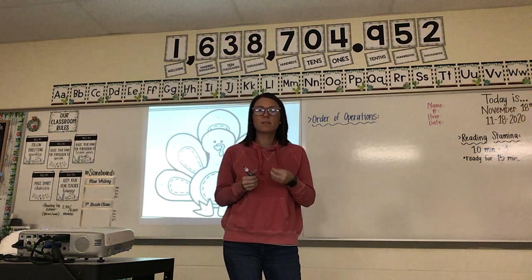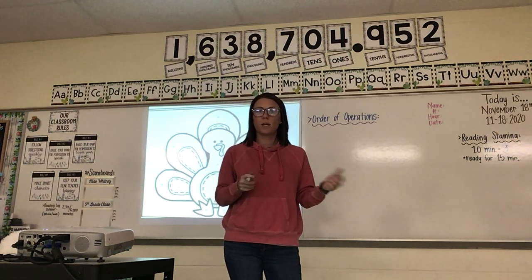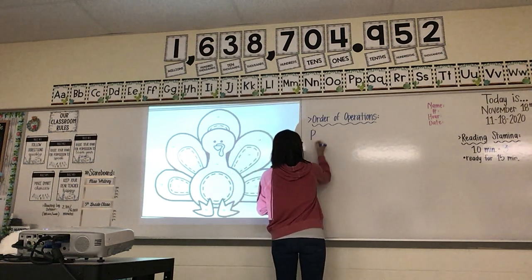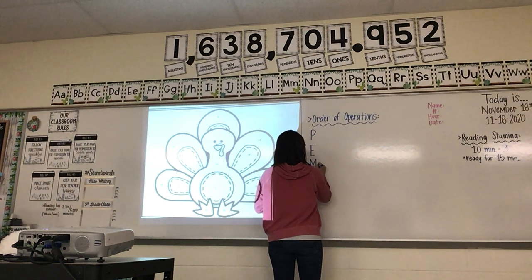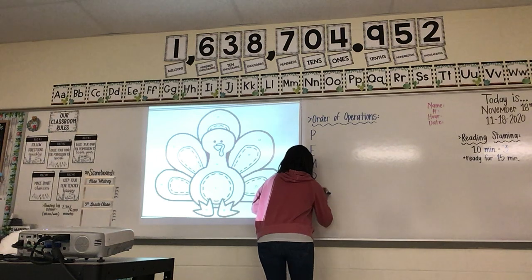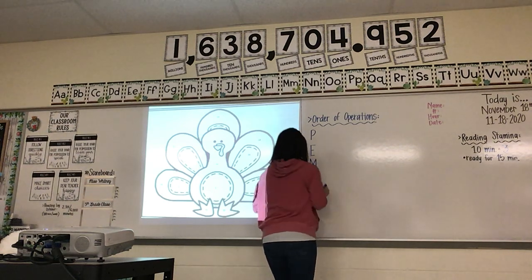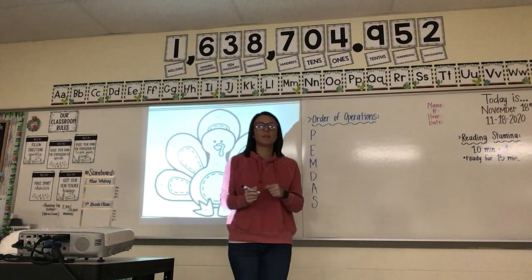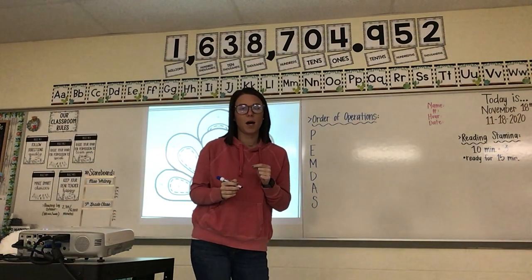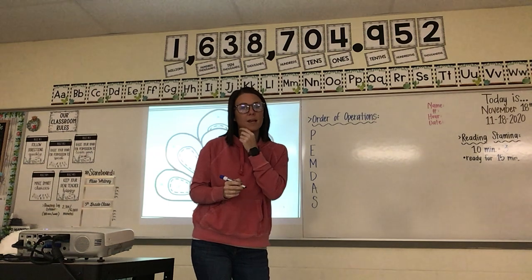But there is a little saying that we use to know what order we do an equation in. The first letters start like this: P, E, M, D, A, S. We have touched on this a little bit before, especially in fourth grade, but you might remember the saying as I start.